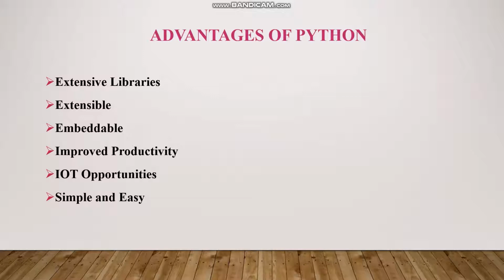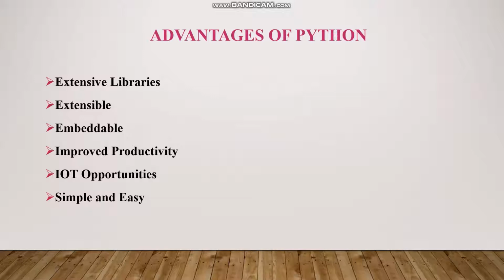Python can be extended to other languages. You can write some of your code in languages like C++ or C. Third one is embeddable. Complementary to extensible, Python is embeddable as well. You can put your Python code in the source code of a different language like C++. This lets us add scripting capabilities to our code in the other language.